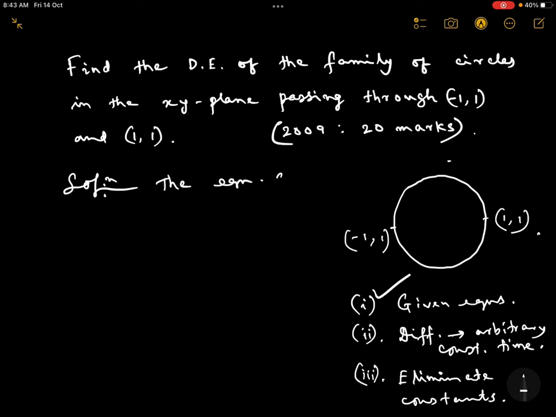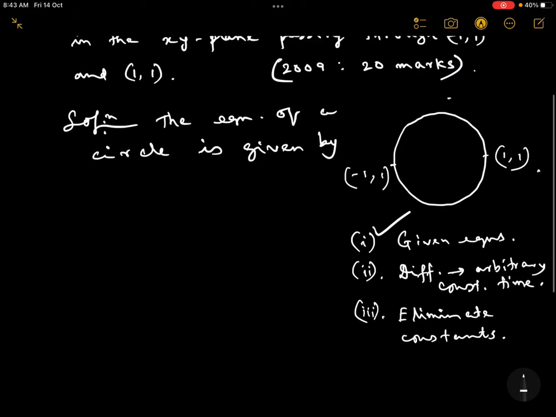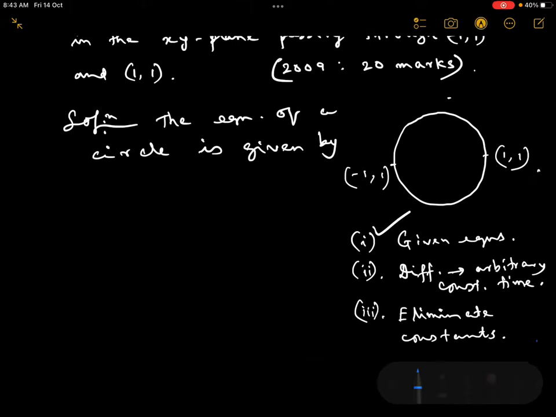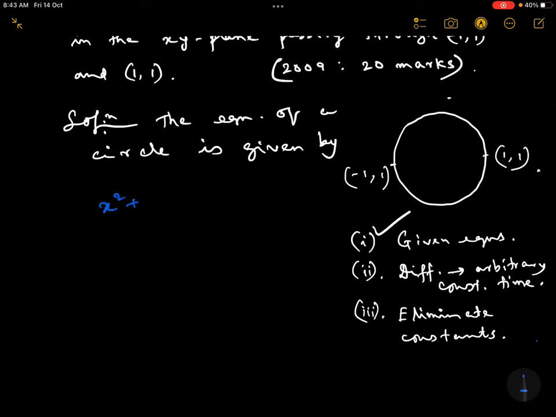The general equation of a circle is given by, let us write the given equation. So it's like this: x square plus y square plus 2ax plus 2by plus d equals 0. All right, here we have some arbitrary constants already.